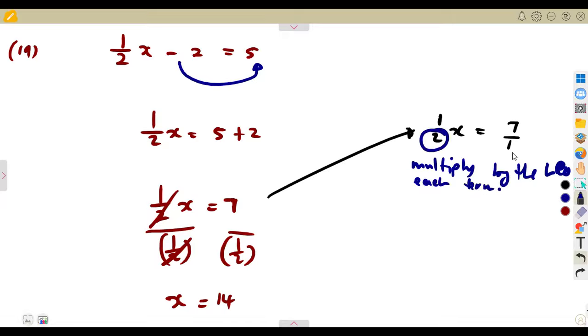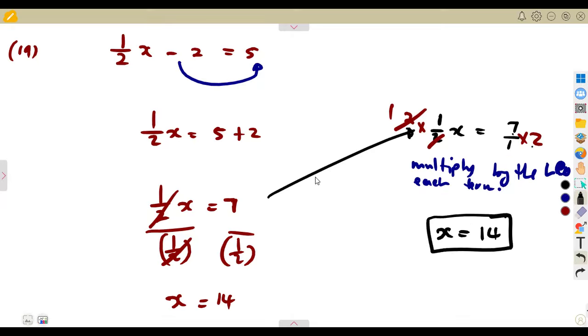So the LCD there, you consider the denominators 1 and 2, the LCD is 2. So I multiply this side by 2, and I also multiply this side by 2. So this will cancel, and I'm left with 1 times x, which is equal to 7 times 2. That's 14. So that is how I could have calculated the same value of x. Either way, I'm going to have the same answer, as long as you understand what you're doing there.